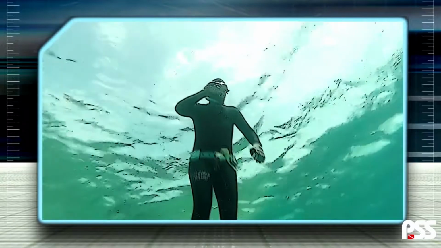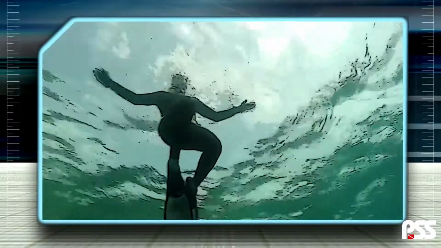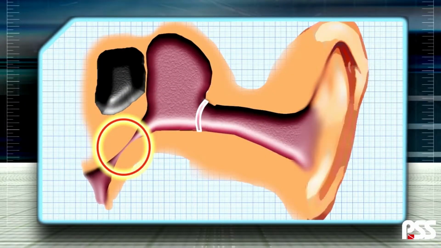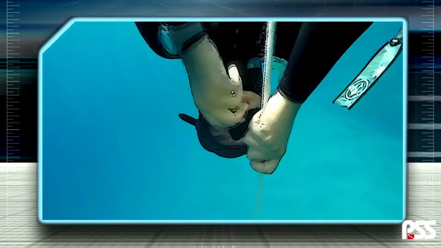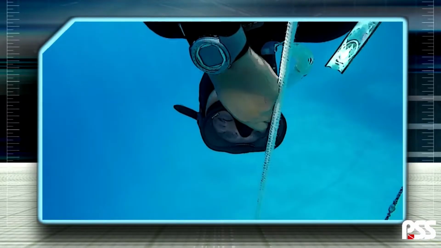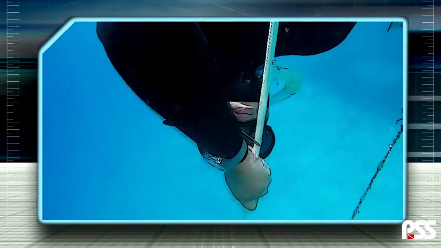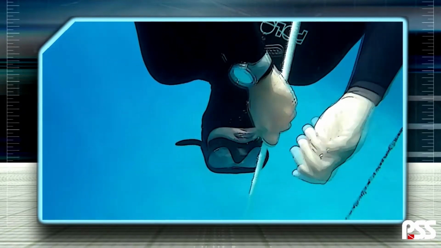Fortunately for us, the middle ear is connected to the mouth through a small duct, the auditory tube, also known as the eustachian tube. With some special maneuvers called equalization, we can emit air into the middle ear from the throat to compensate for the external pressure.